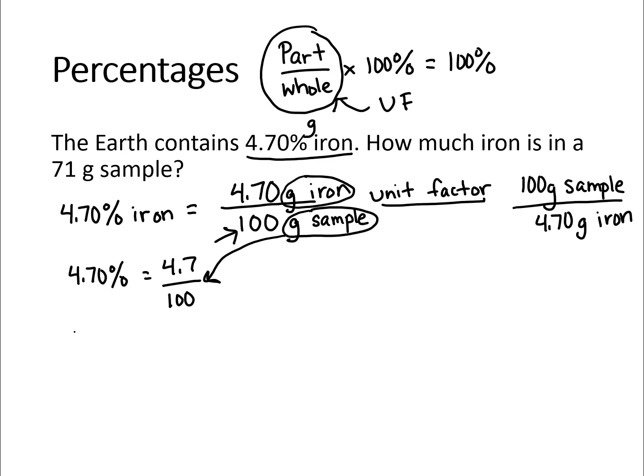Now the question is asking, we have 71 grams of sample. What does that mean for iron? How many grams of iron do we have? This is where we set up the equation just like we did with the conversions.